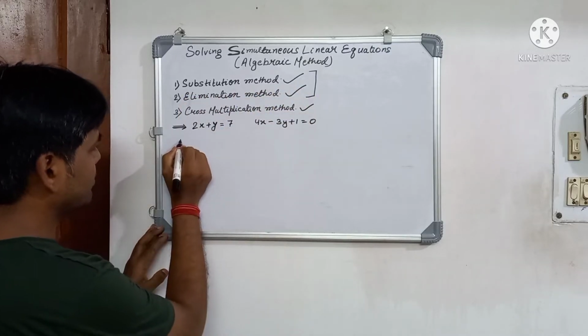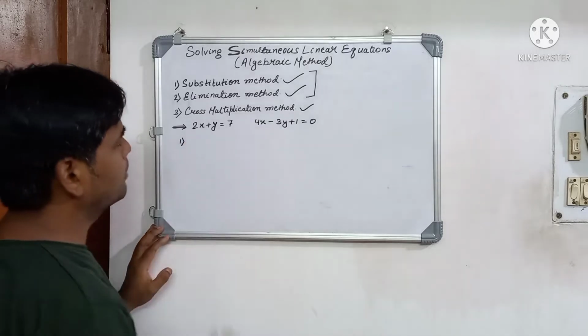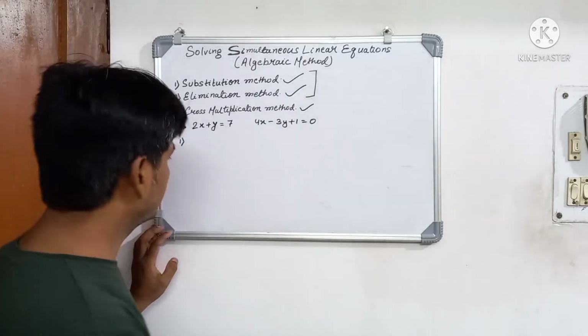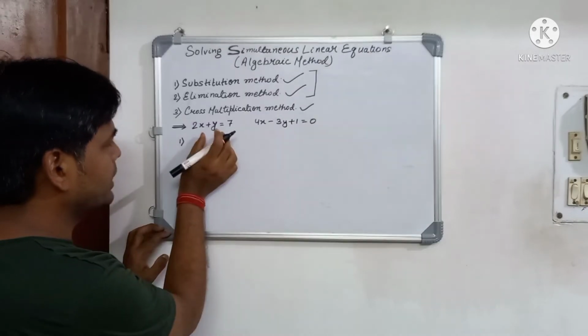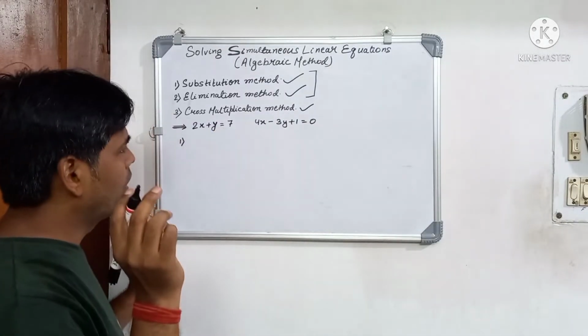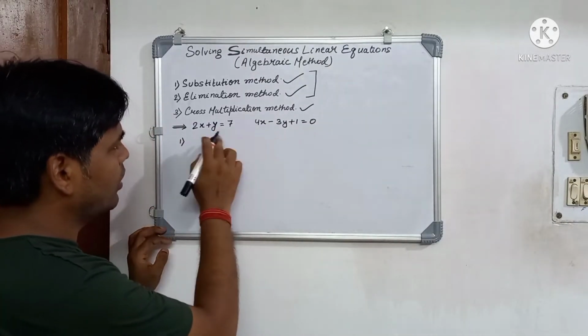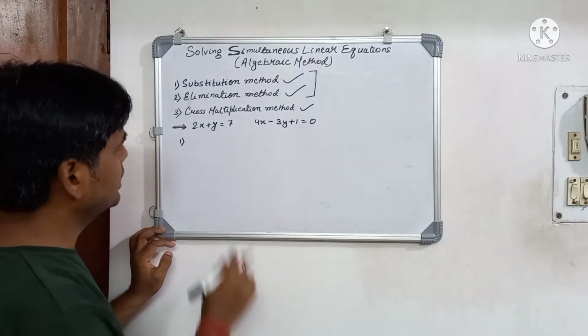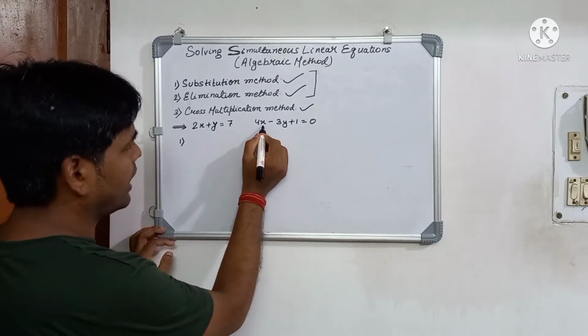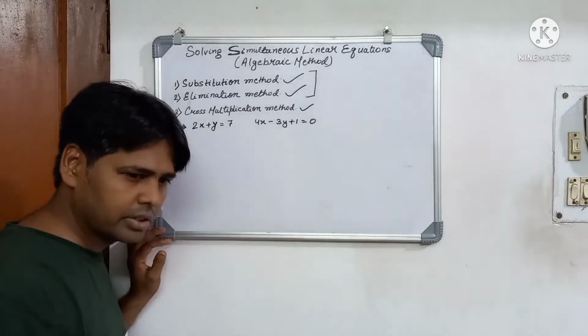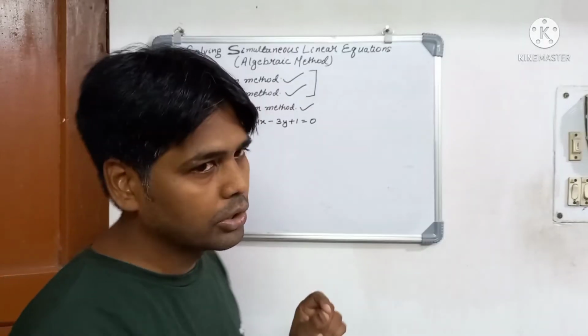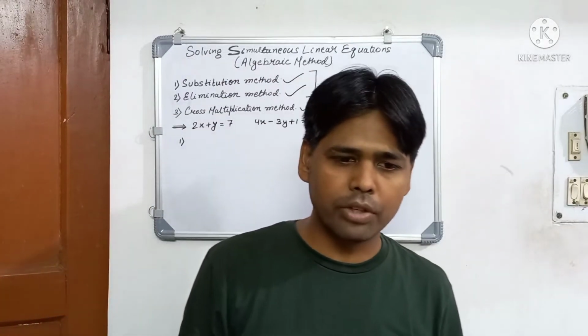The first step to solve these equations is to express one of the given equations in such a manner that I obtain either the value of x or y. The first step is to express the equation in terms of one of the variables.